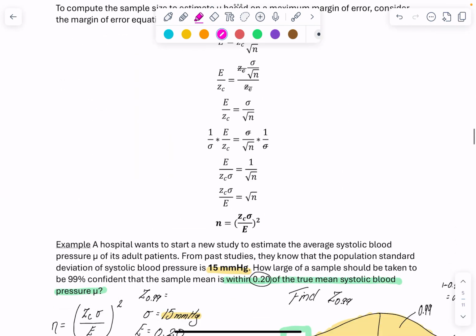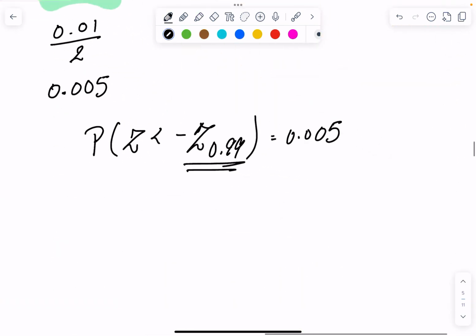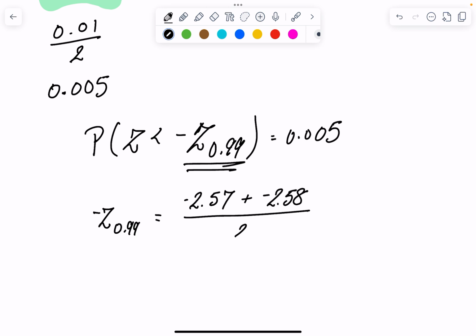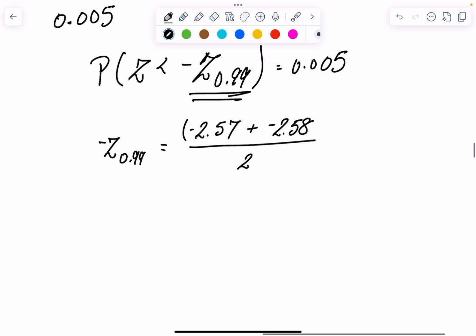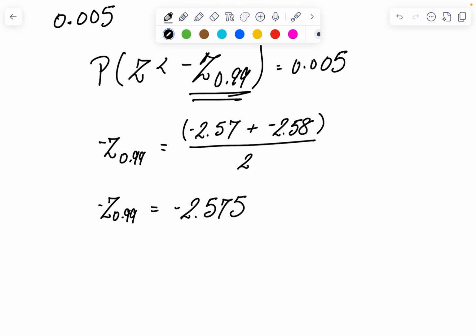Okay. So we can do the addition and divide, but we're going to end up with that as our value.